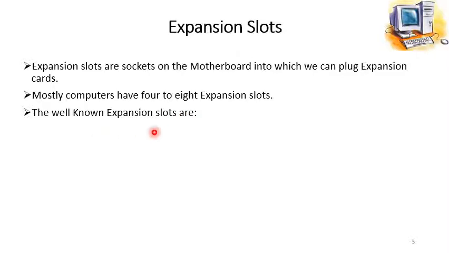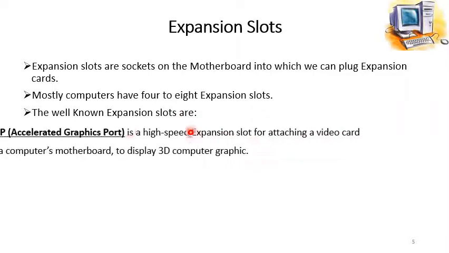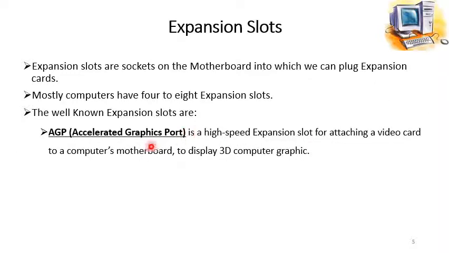The well-known expansion slots are AGP, Accelerated Graphics Port. AGP stands for Accelerated Graphics Port. It's a high-speed expansion slot for attaching a video card to a computer's motherboard. Video card means the graphics card. To a computer's motherboard to display 3D computer graphics.